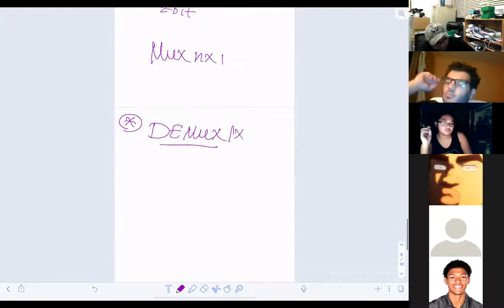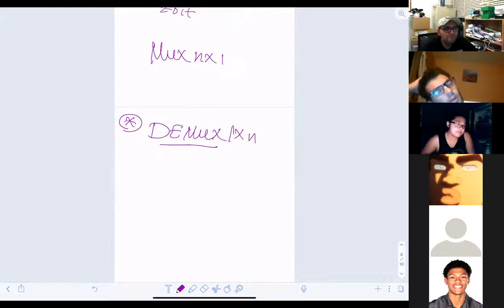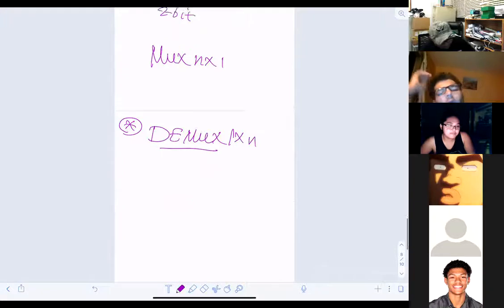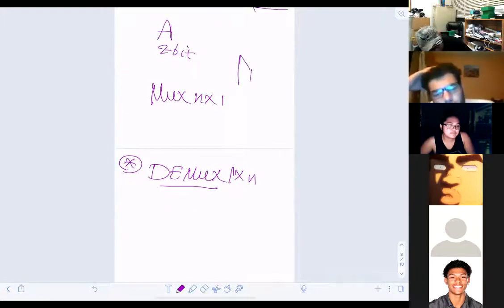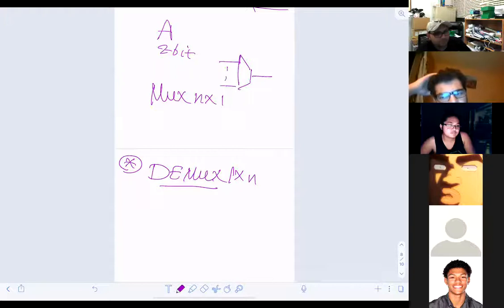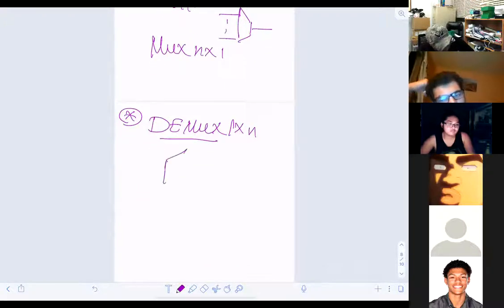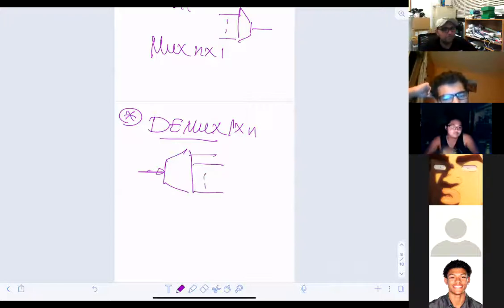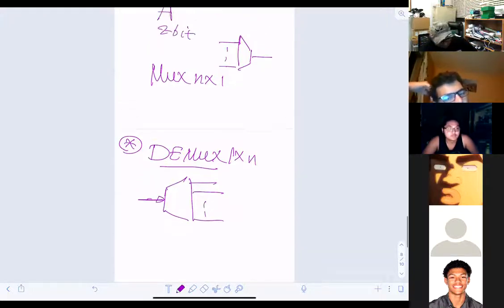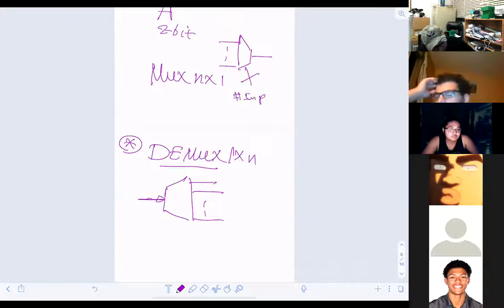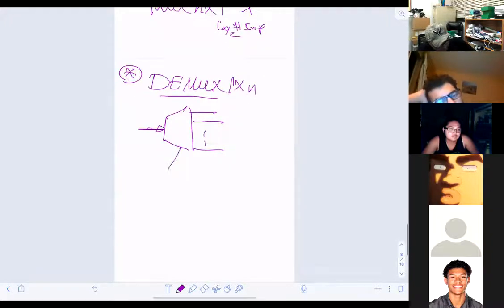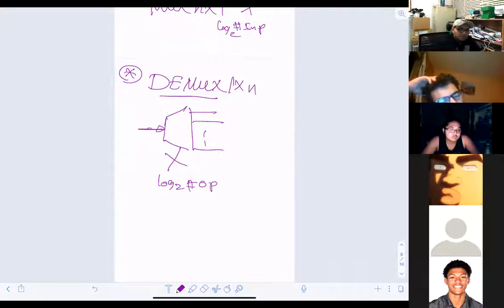This guy is 1 by N. This guy was like this, and that guy is like this. This guy's selector is based on log 2 of the number of inputs. This guy's selector is log 2 of the number of outputs. That makes sense?